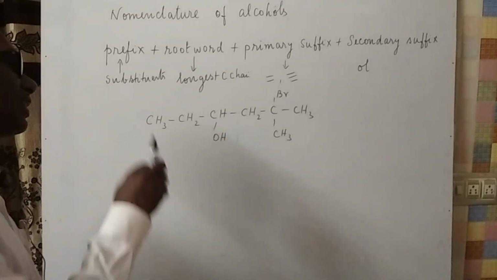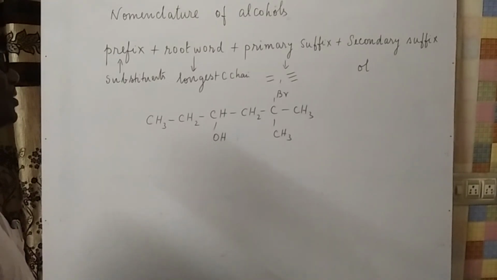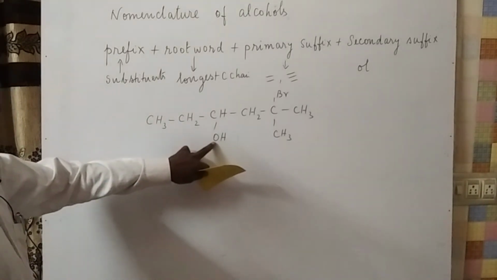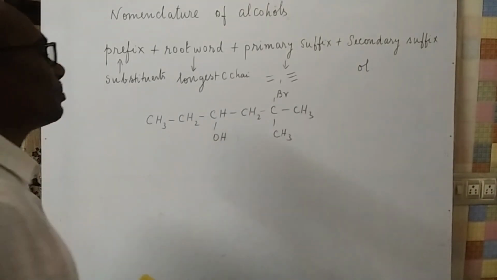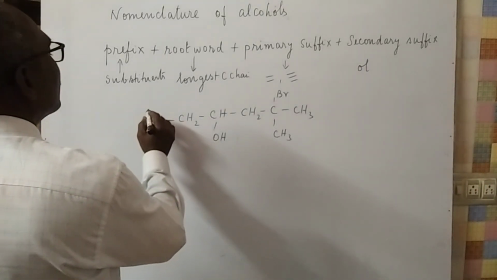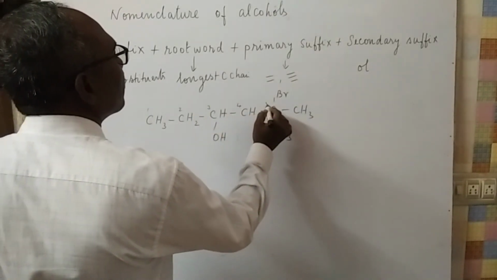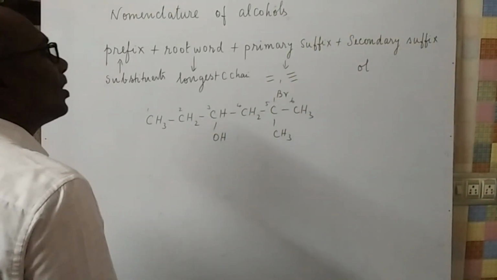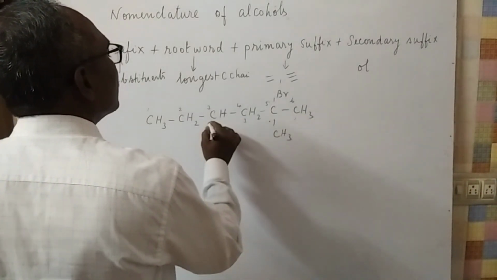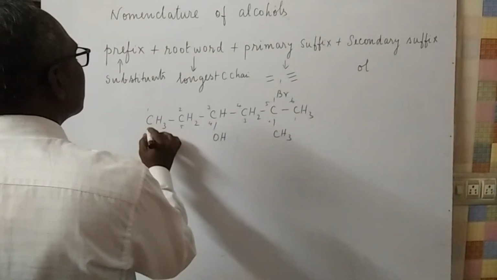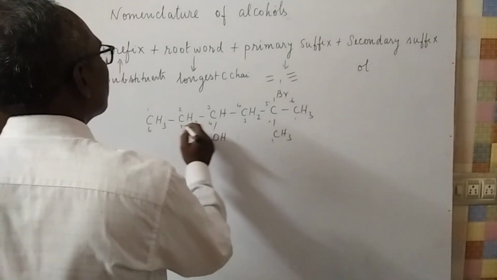And secondly, we are going to number the carbons to find the position of the OH group. Now various numberings are possible. You can start from here 1, 2, 3, 4, 5, 6, or from the other end.